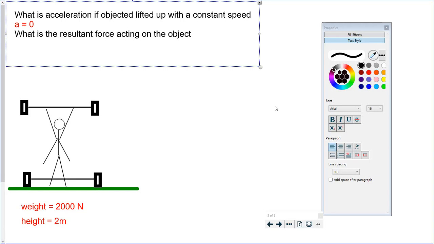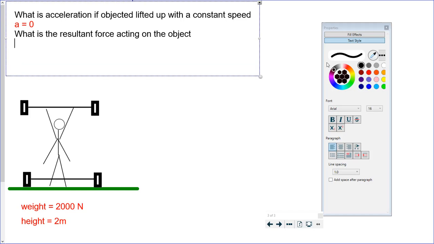So what will be the resultant force, Aisel and Fatma? If acceleration is 0, what will be the resultant force? F is equal to ma is for resultant force. So if a is 0, what will be the resultant force? That's right. Resultant force will be 0.